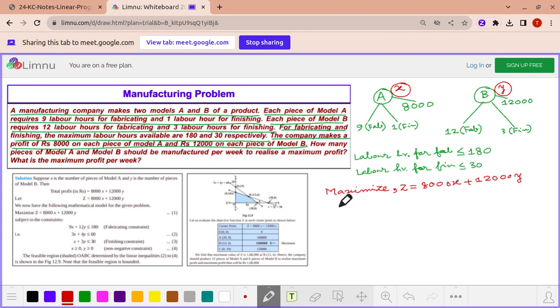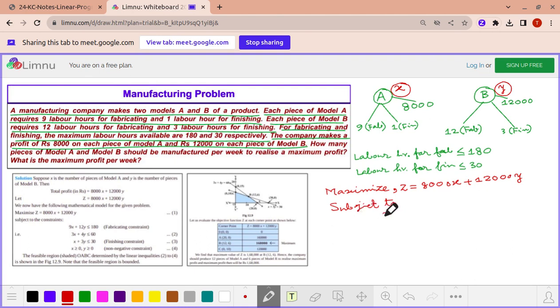And what is the subject to? That is, subject to the constraints. What is the first constraint? The labor hour for fabricating is maximum 180. We know the labor hour for X pieces of model A will be 9x, because the fabrication labor hour per piece of model A is 9.